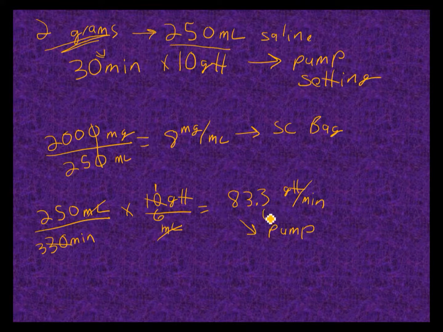So all you have to do is say your number times 6. 83.3 times 6 would be 499.8, so I would need to set this at 499, or we're going to round it up and say the pump setting would be 500 milliliters per hour on the pump, and we would be good to go.